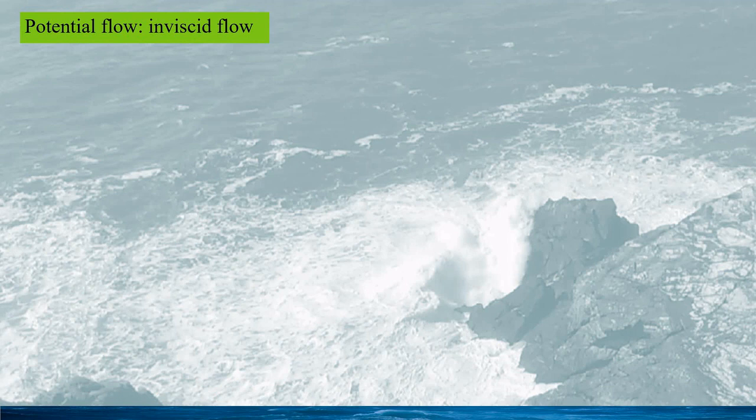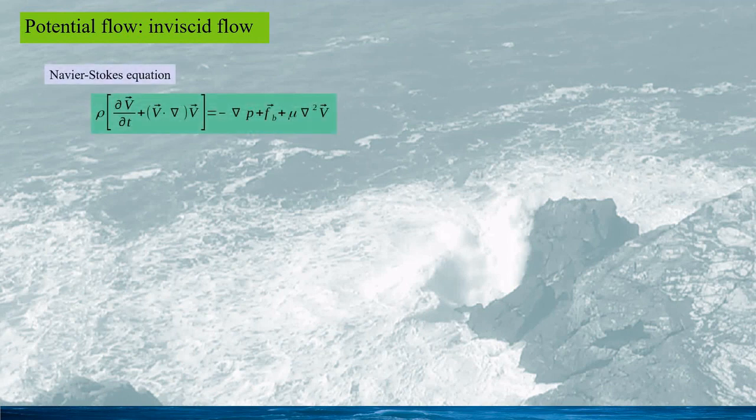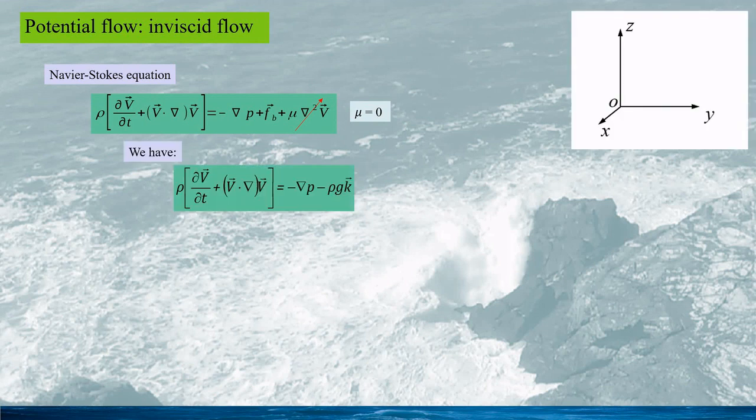The third assumption for the potential flow is the inviscid flow. Thus, the Navier-Stokes equation is reduced to the Euler equation with the fluid viscosity coefficient mu assumed to be 0.